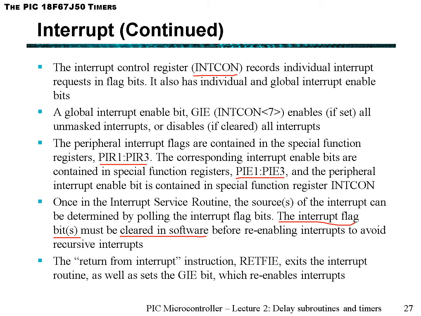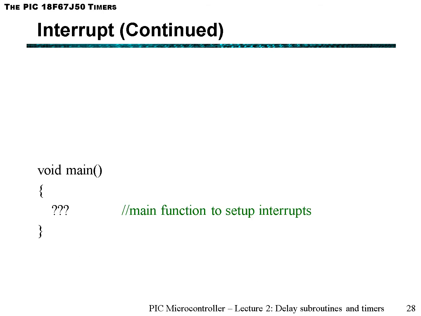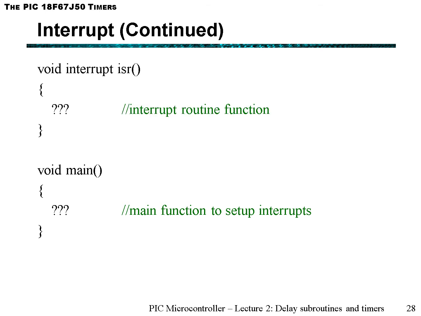Now in assembly, there is a specific instruction called return from interrupt, or RETFIE, that exits this interrupt routine and goes back into your main code. In C, this is a bit different. Let's say we have a main function which sets up the interrupts and runs your normal code, and you have a special function that you need to declare, of type void and interrupt.